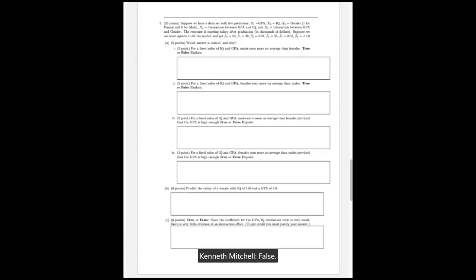So in those cases, it may be true or false, but that's for any value given IQ and GPA. Is it always true that males earn more on average than females? There may be a value in either IQ or GPA which makes that false, right? Or else it could be always true.